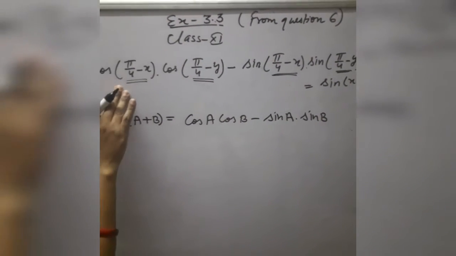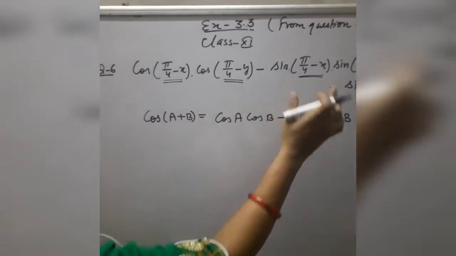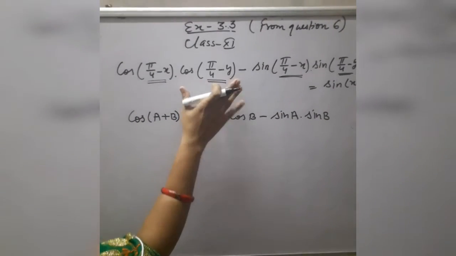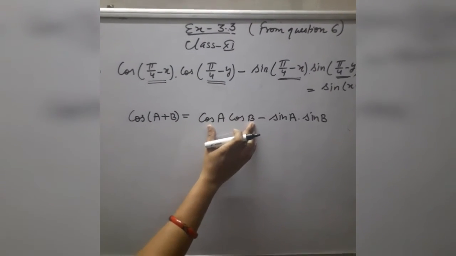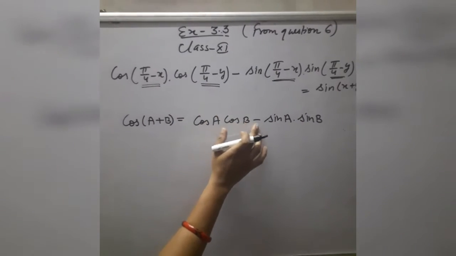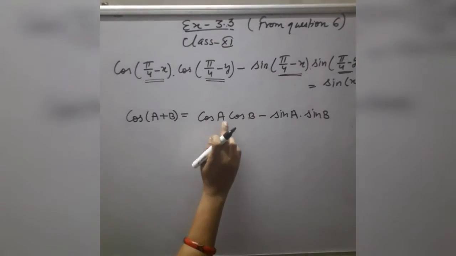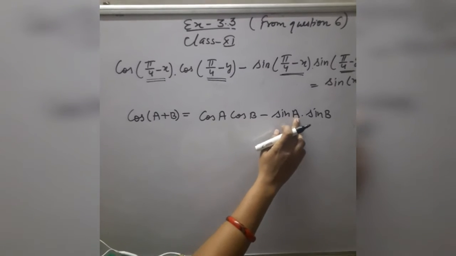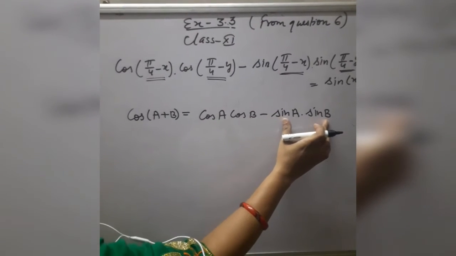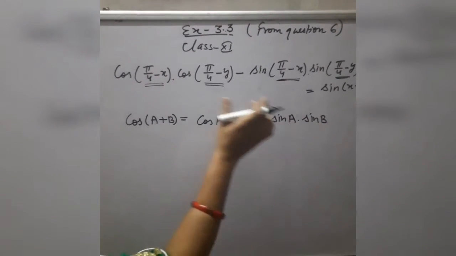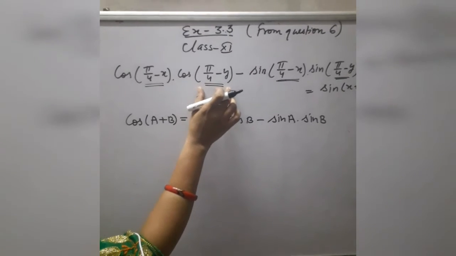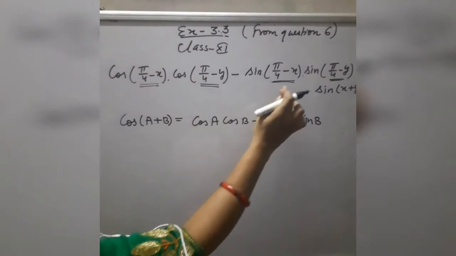If you see in this sum, on the left hand side this type of result is given to you. Two terms of the cosine ratio, then a minus sign, then two terms with sine, and the angles a and b are the same angles repeating in these two terms. Here also pi/4 - x and pi/4 - y are repeated.